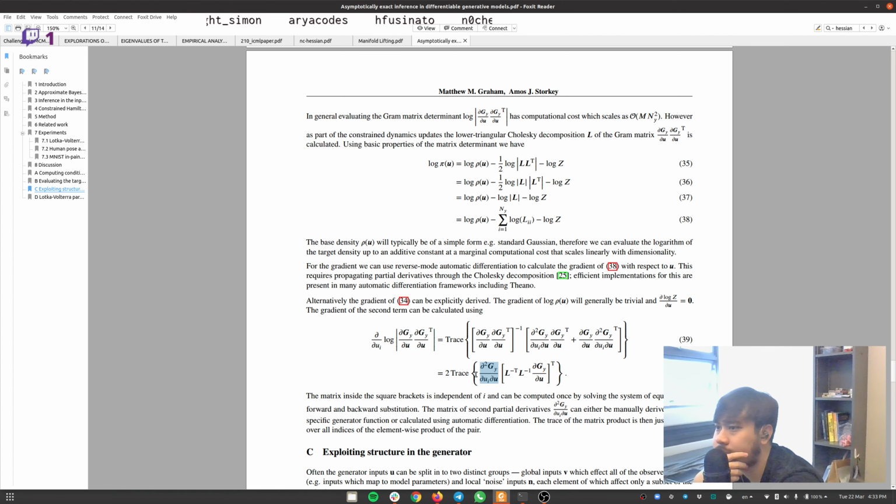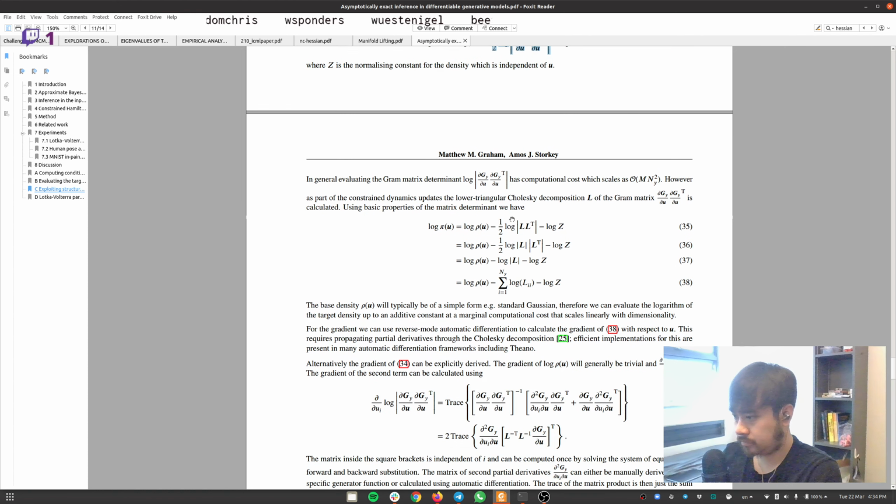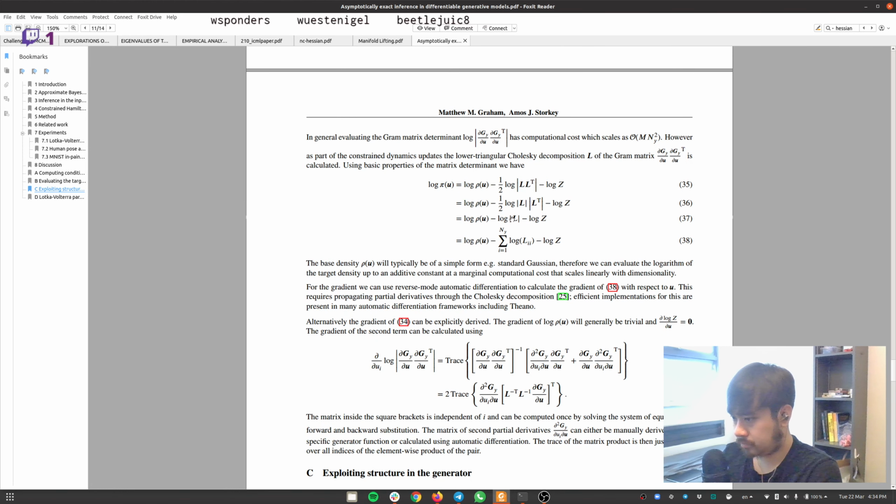The Gram matrix, yes. The gradient of the second term. If the gradient is singular, then do we not have a problem? Okay, I need to think about this bit as well.